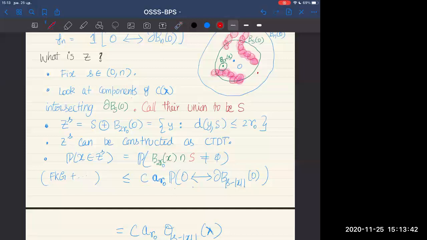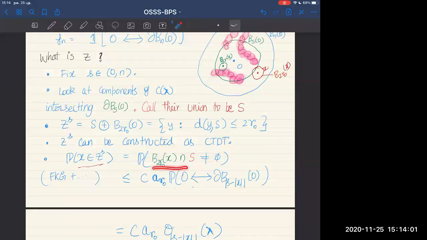This is a ball of radius 2r0 of X. This should intersect S. Then only can X be in ZS.